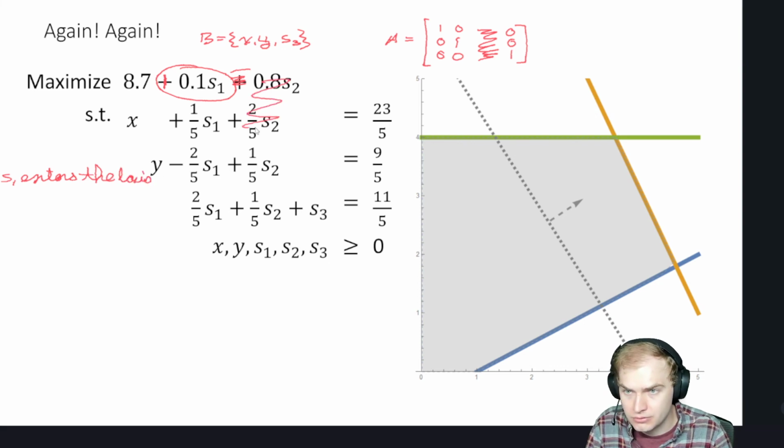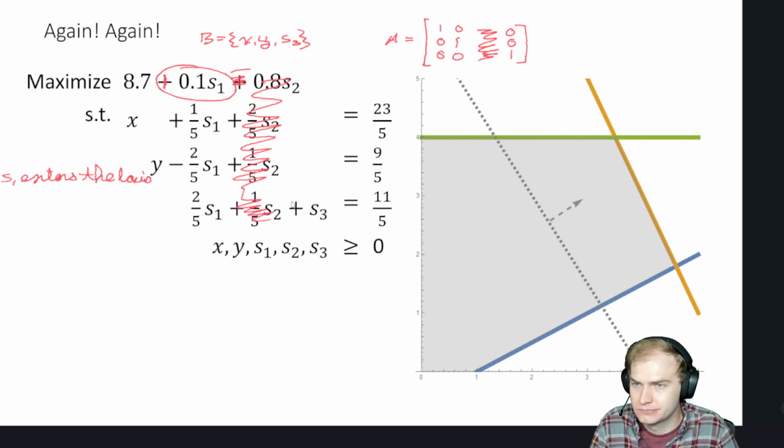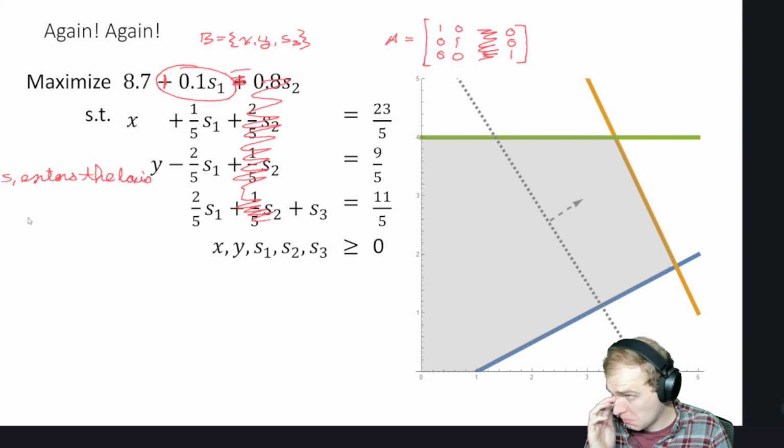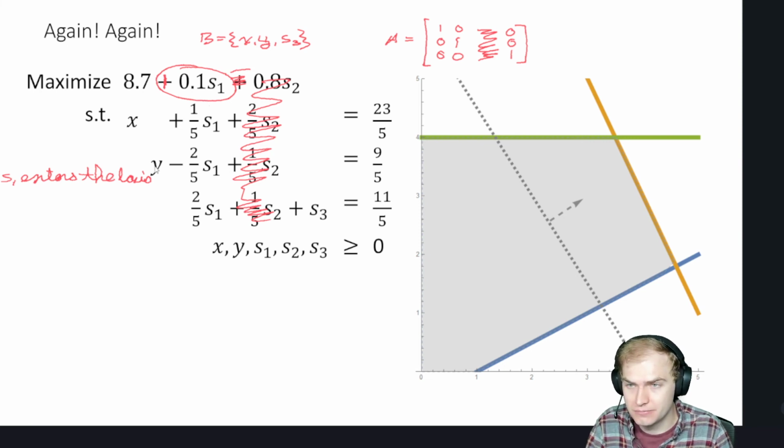So we're going to ignore S2 for the moment. Increasing S1 decreases x, so it can only go to x equals 0, which is going to give us S1 is 23 over 5 divided by 1 over 5, which is times 5, is 23.